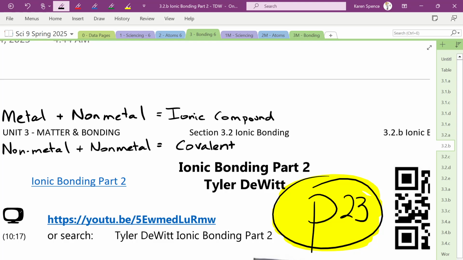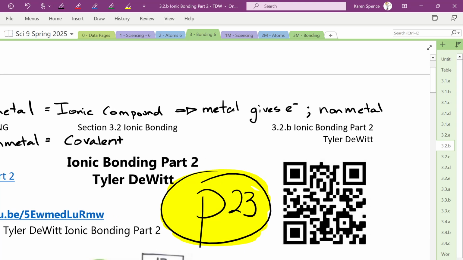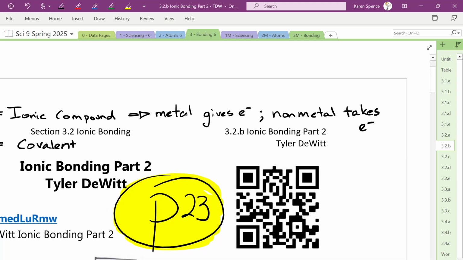Yeah, the metal gives electrons, the nonmetal takes electrons. So metal and nonmetal is an ionic compound.